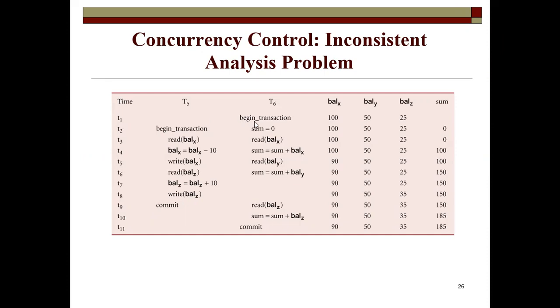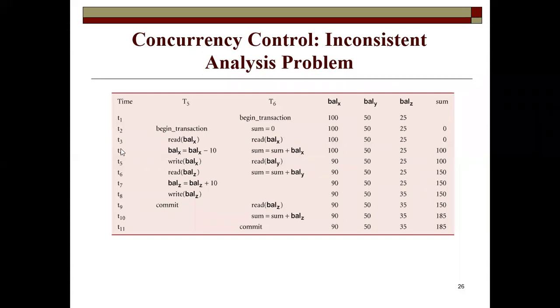Okay, so at T1, we begin transaction 6, and here all accounts have their initial balances of 100, 50, and 25 for account X, Y, and Z respectively. At T2, we begin transaction T5, and we initialize our variable sum to have 0. And so here no updates have been made. So the account balances for X, Y, and Z respectively are 100, 50, 25, and sum has an initial value of 0.